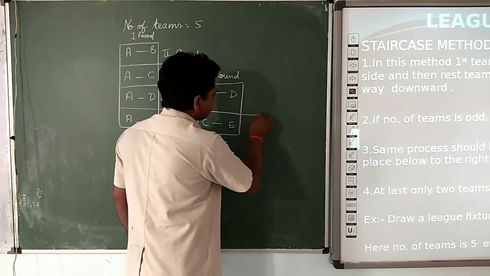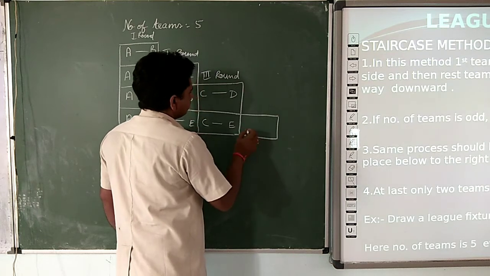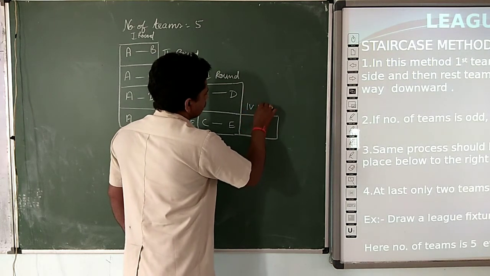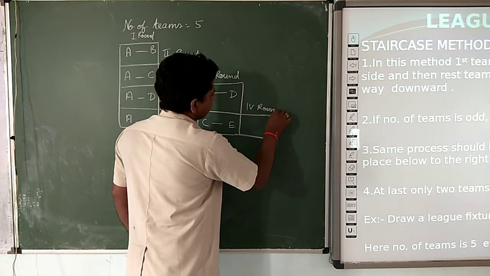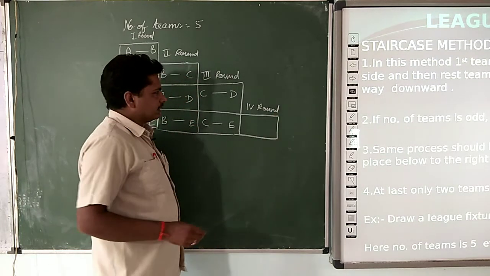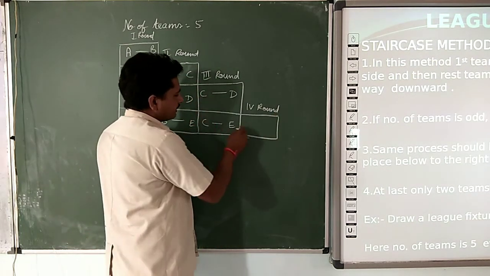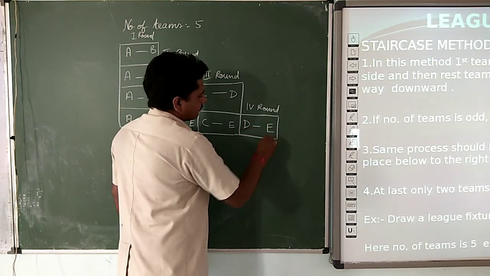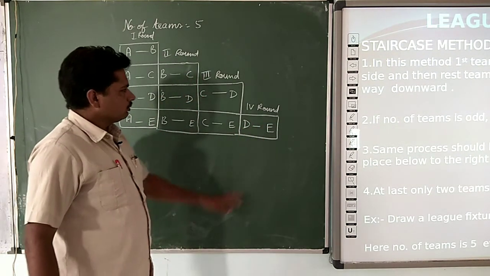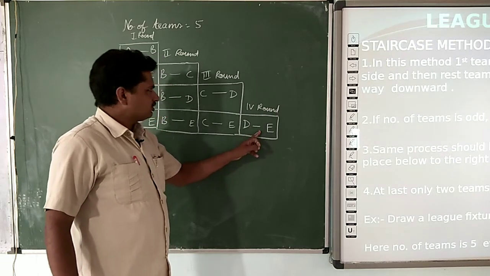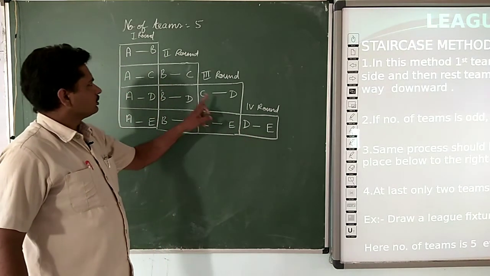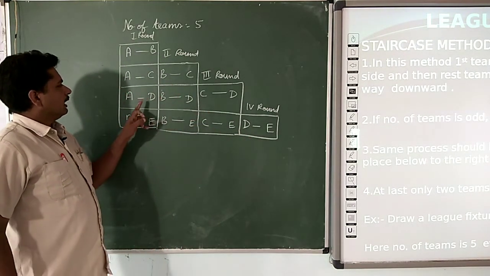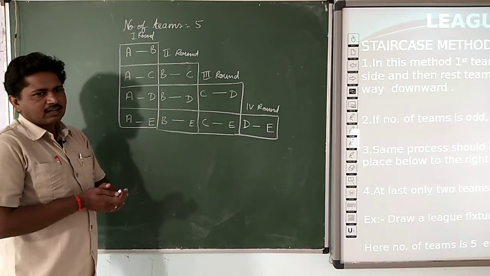Next round, that is the fourth round. What do you get here? C is depleted, what remains? D, and D has to play with E. So in the fourth round 1 match, third round 2 matches, second round 3 matches and first round 4 matches are there.